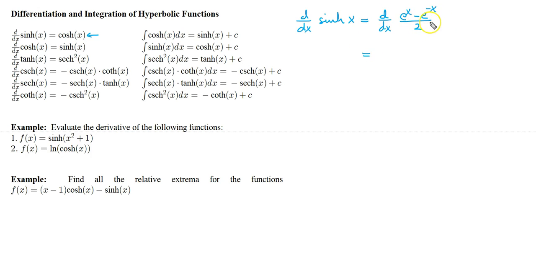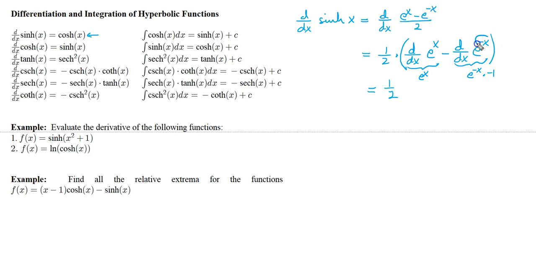And now, just following rules for differentiating, we move the 1/2 out in front of the d/dx. This piece right here is just going to be e to the x. And this piece right here, by the chain rule, is e to the negative x times negative 1, right?